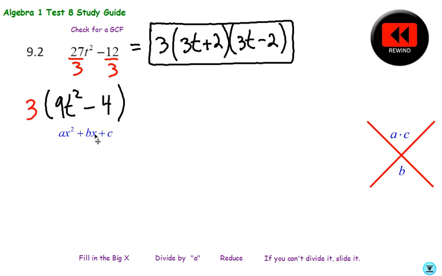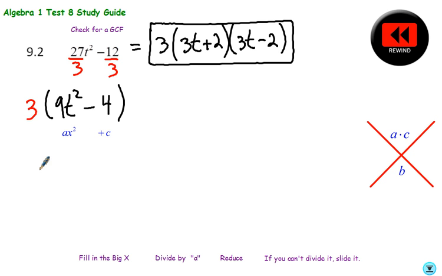What I notice is that there's only 2 numbers instead of 3. Here's the squared term, so that's my A. The number that's back there by itself, that's the C. So what's happening here is that the B happens to be equal to 0. And since it's equal to 0, it doesn't get written. So really, all that you're working with there would be A and C, or at least all that's visible.